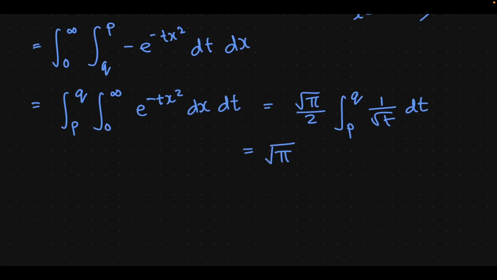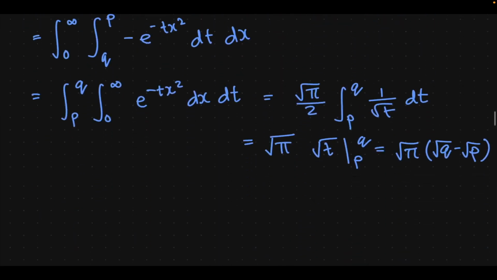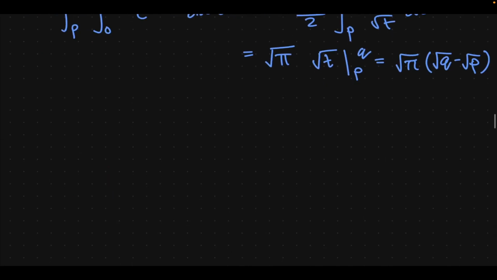We have square root pi times 2 square root t from p to q, which gives us 2 square root pi times (square root q minus square root p), and that's the final answer. See, that's the nice method. You do it really fast.